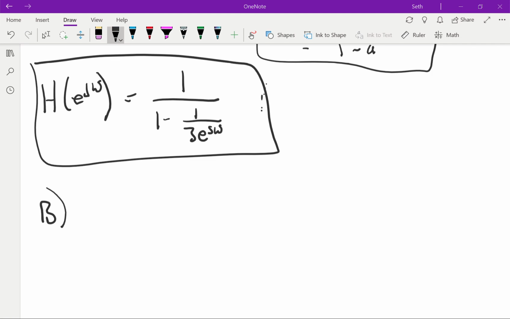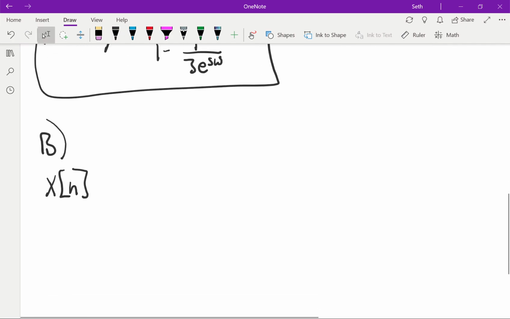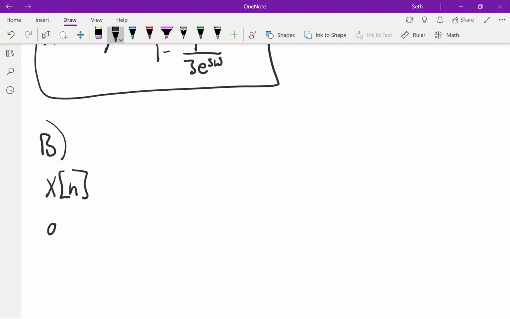We've been given the Fourier coefficients for x of n, and they are a0 equals 1/4, a1 equals 1/2 e to the j pi over 4, and a minus 1 equals 1/2 e to the minus j pi over 4.